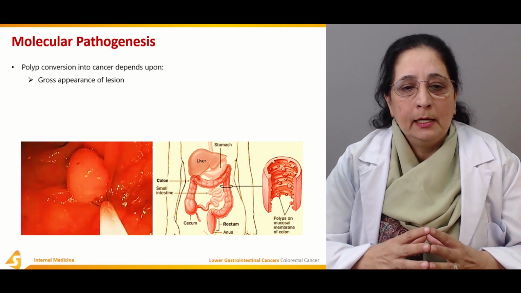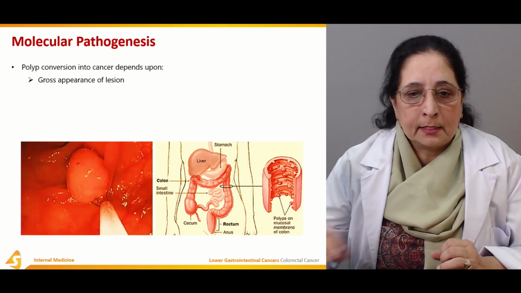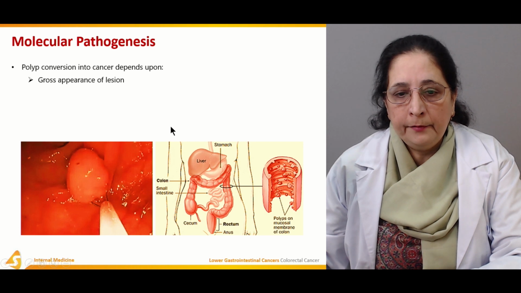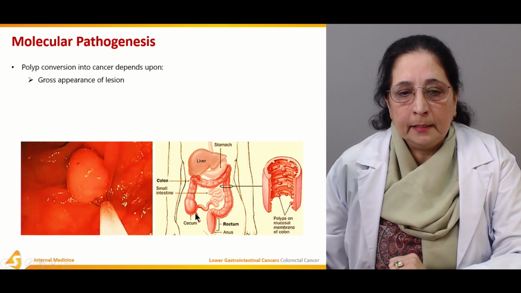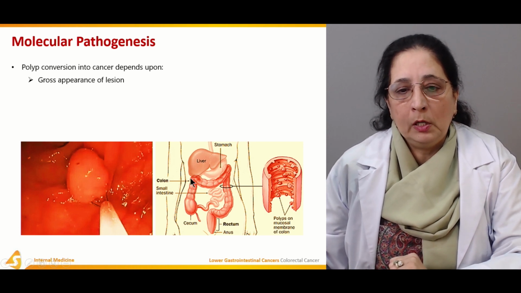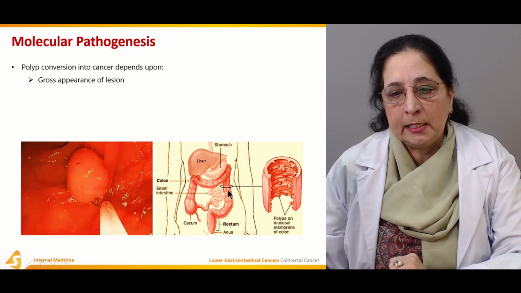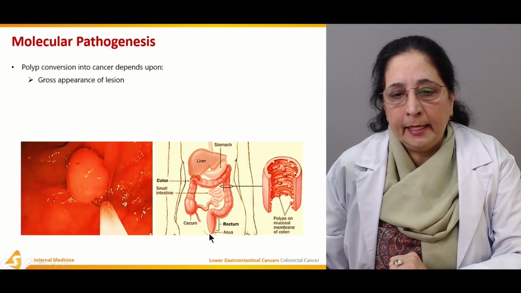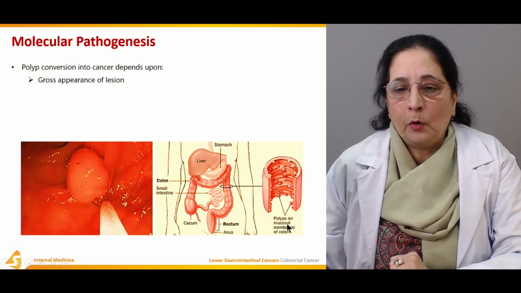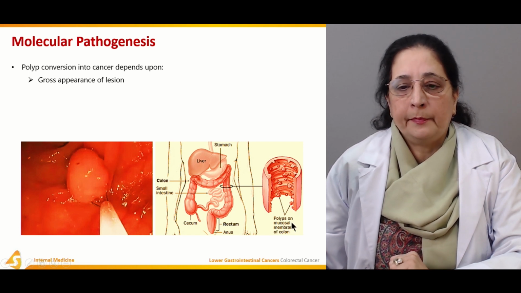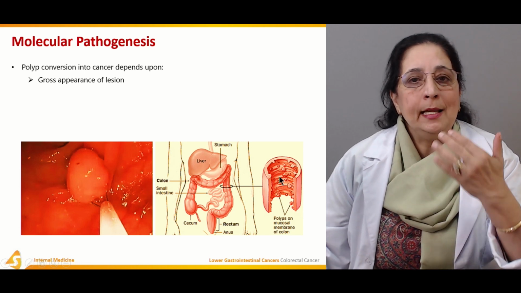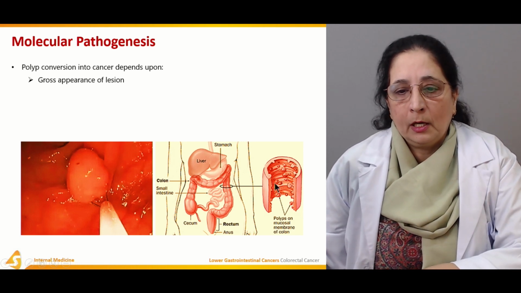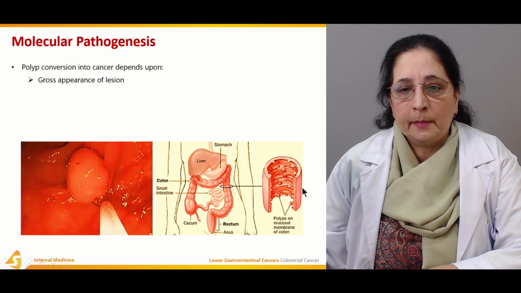Here, if you see, this is the cecum, then we have the ascending colon, transverse colon, descending colon, and then the rectum and the anus, and these are the polyps. So many polyps are present in the mucosal lining of the colon.